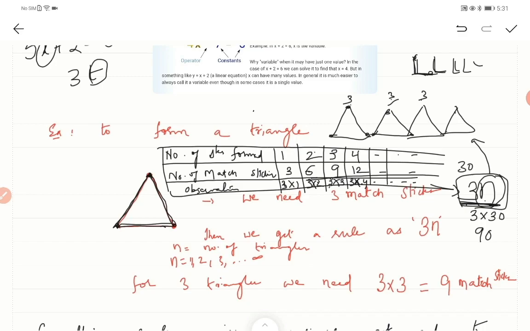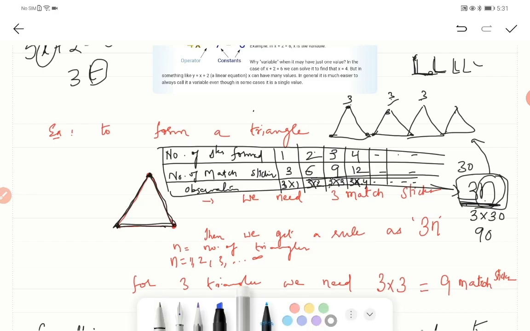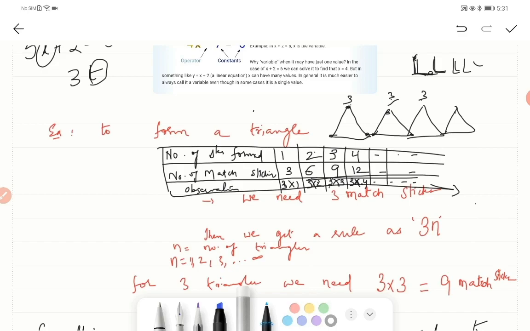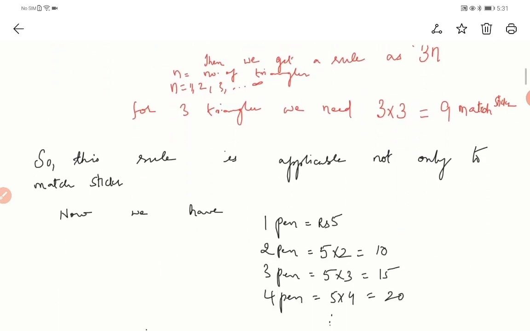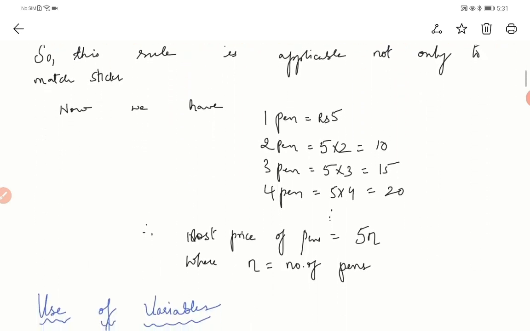Likewise, variables are not only used for matchsticks. You can use them for pens as well, any kind of thing which has a certain pattern, and you can conclude with some expression. So let me take one more example.